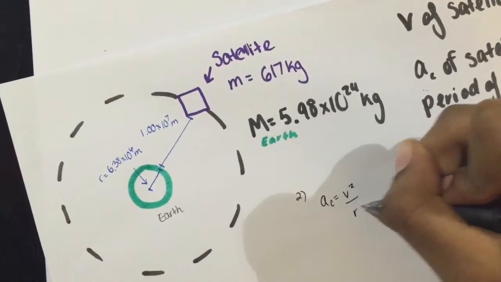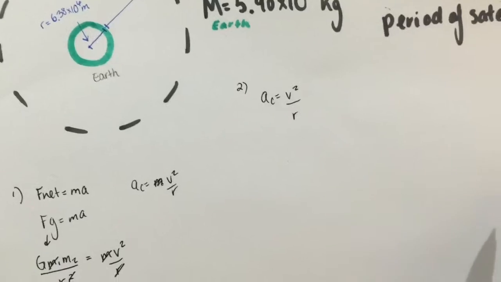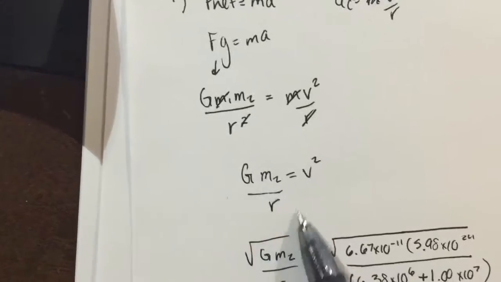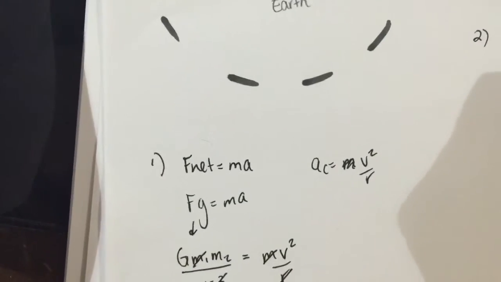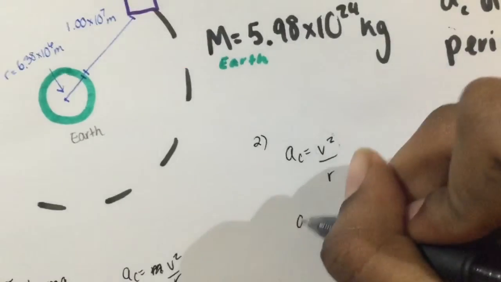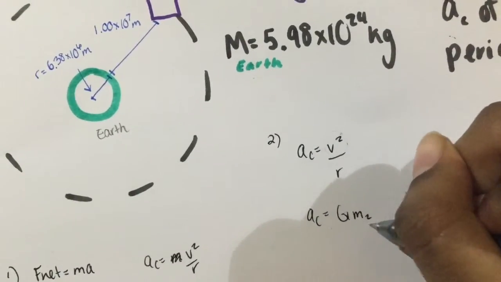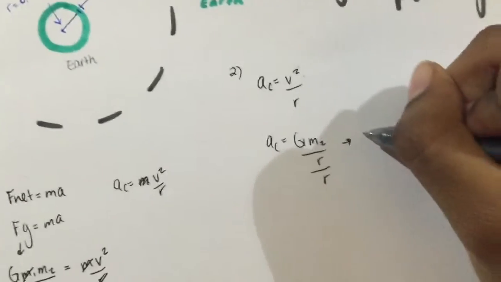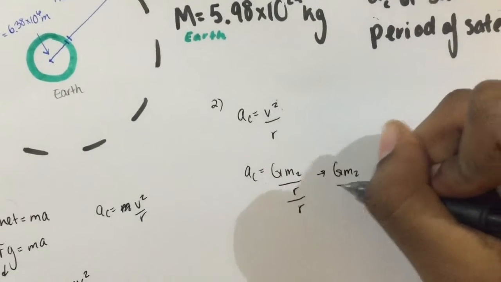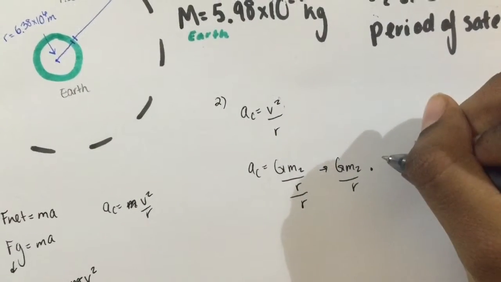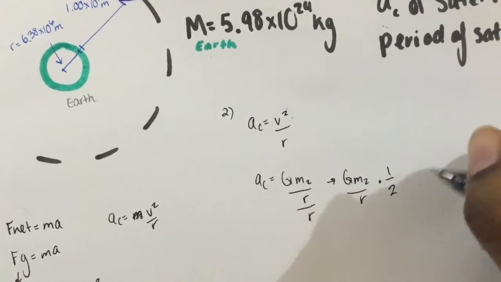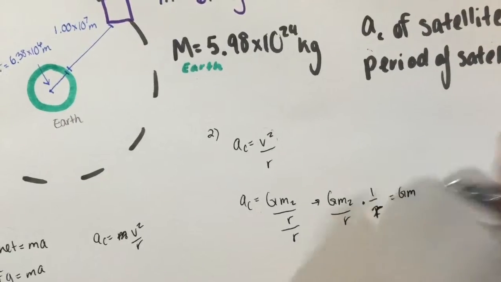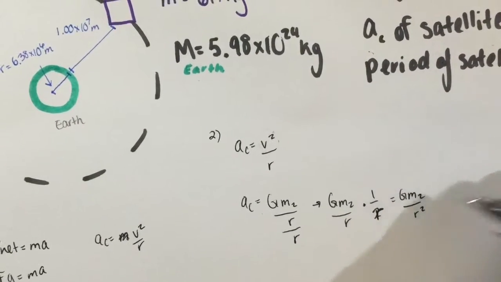v squared over r equals the acceleration. From the previous part, we found that v squared equals this. So we're just going to plug that in over here. It ends up looking like keep change flip, guys. That's an R. That is an R. I'm taking R squared.